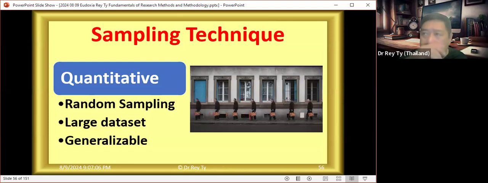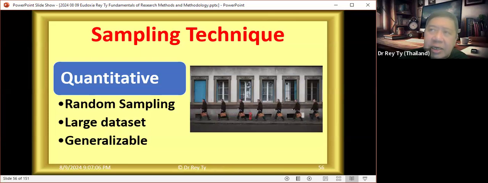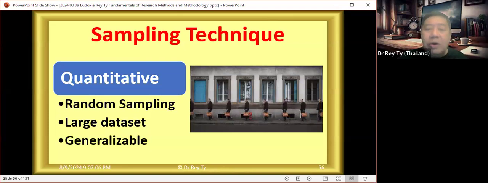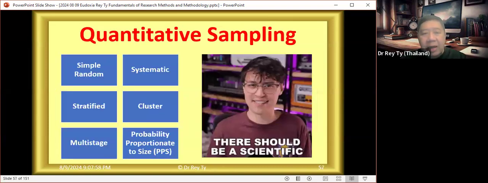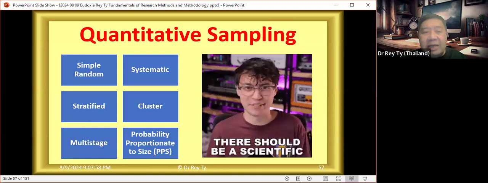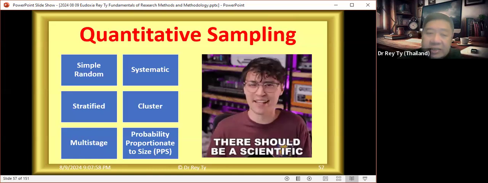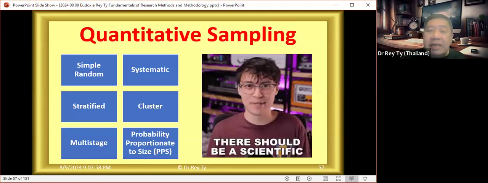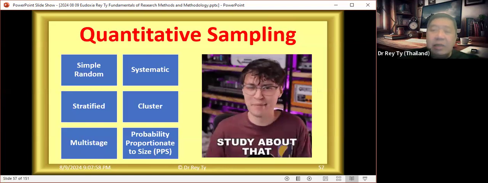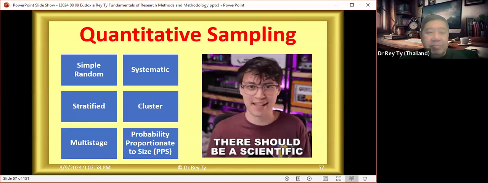But in general, when you do quantitative research, you must have at least 33 samples. Okay, in general, that's the rule. That's the magic number. So quantitative, you have systematic, stratified, cluster, multi-stage. Simple is everyone has an equal chance. Systematic, you say every 10th person will be selected.